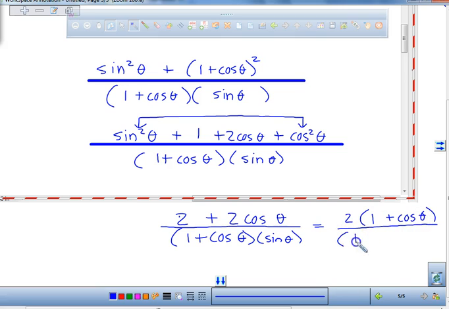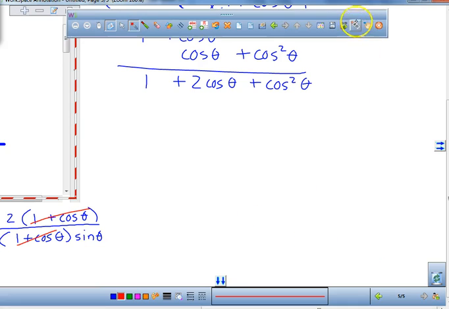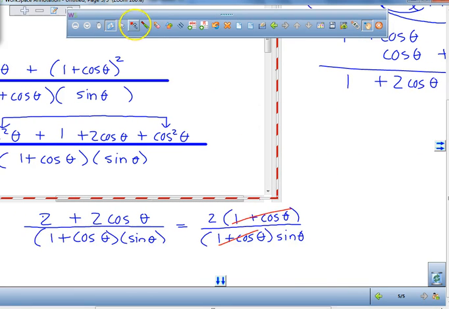Look what I have right here sitting, waiting for me in my denominator. This is exciting. Why is this exciting? Because what do I get to finally cancel out? 1 plus cosine theta. Whoa. Too fast. So what do I only have now in the numerator? What's the only number I have left? What do I have in the denominator?